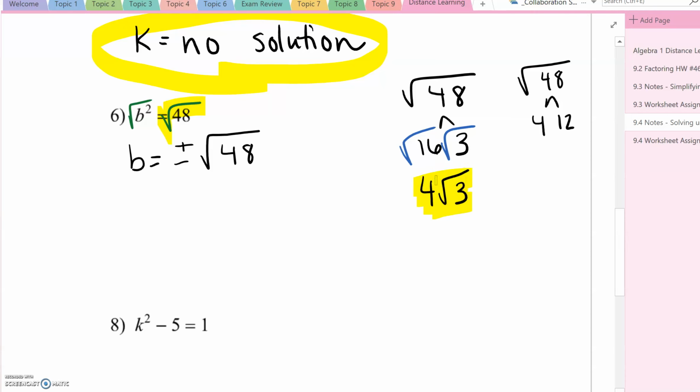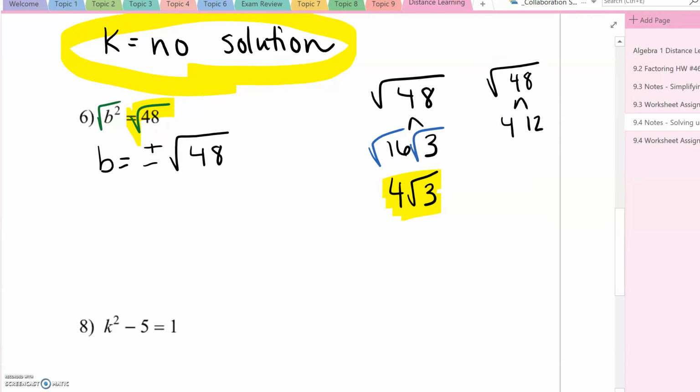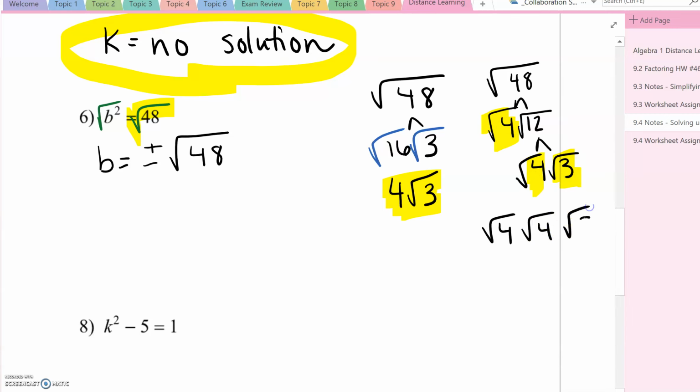But if you broke it down into 4 times 12, and you go to take the square root of both of those, you might notice that 12 actually still has a 4 in it. So it's 4 times 3. So you end up with the square root of 4 times the square root of 4 times the square root of 3. The square root of 4 is 2, times 2 square root of 3, which is 4 square root of 3.